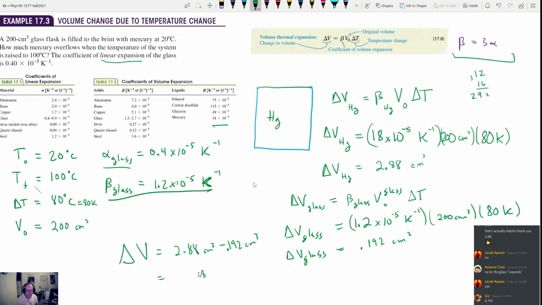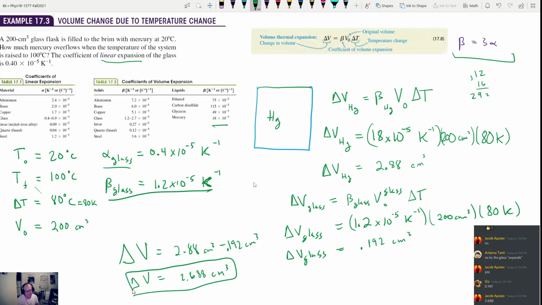Can you all tell me what you get? I got it right. Okay, cool. 2.688 centimeters cubed. Very tiny amount.